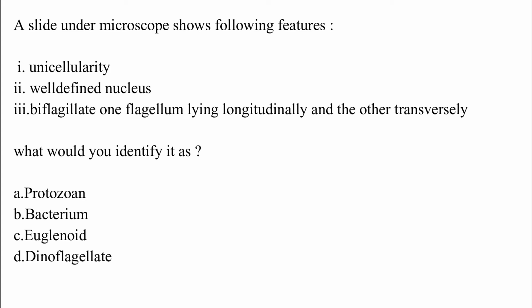Option A, protozoans; option B, bacterium; option C, euglenoids; option D, dinoflagellate. The correct answer is option D, which is dinoflagellate. Dinoflagellates are unicellular. They have a well-defined nucleus and two flagella. One lies longitudinally and the other transversely on the body.